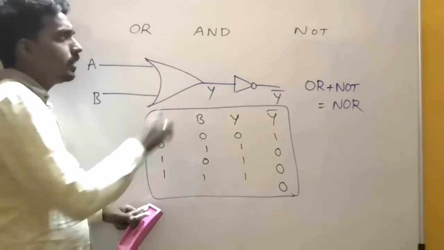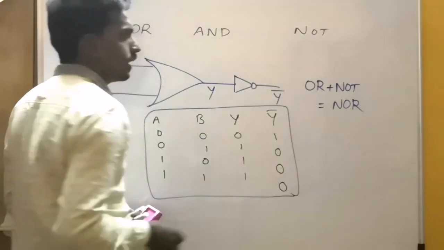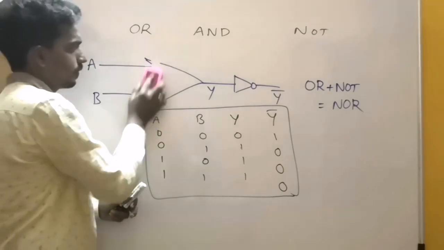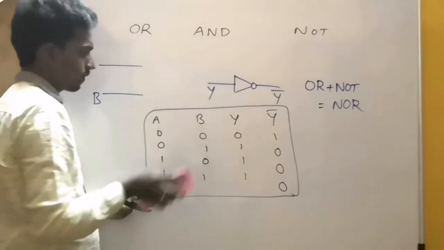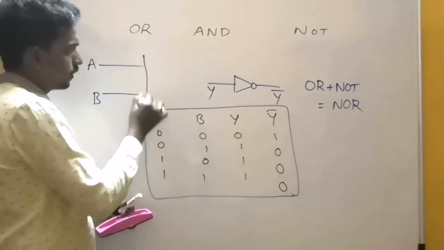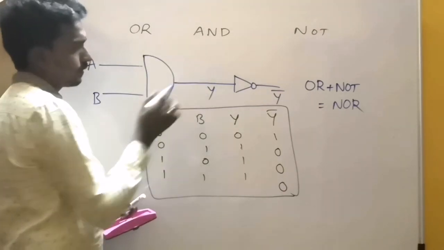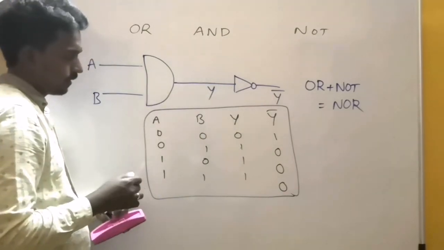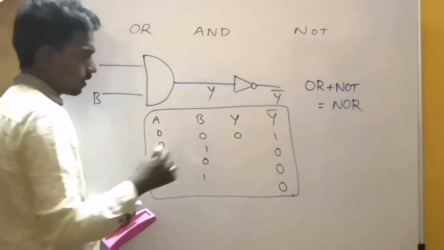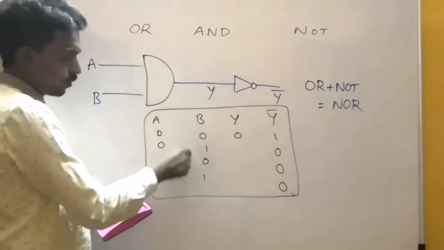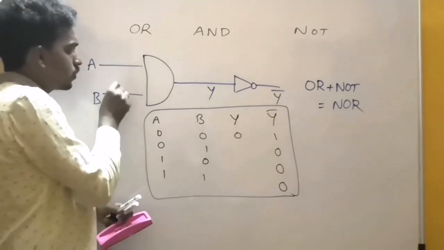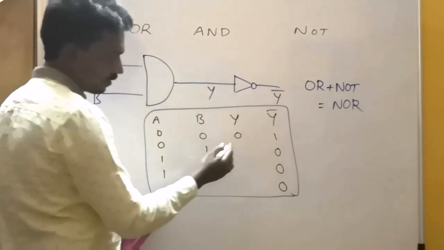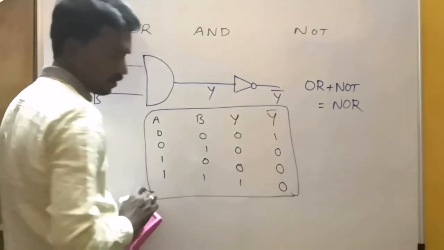Then in a similar way, you can see the combination of AND and NOT. Here you take one AND gate, and now you connect one NOT gate to the edge. Here there are two inputs, which we give to the AND gate. Then what is the output? 0, 0, 0, 1.